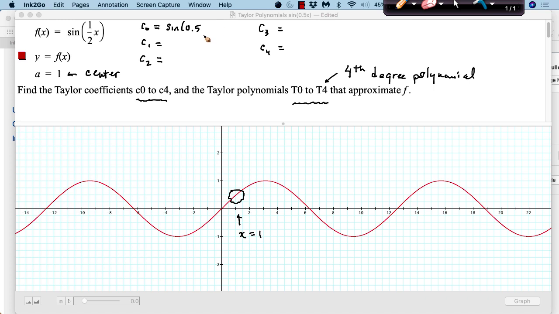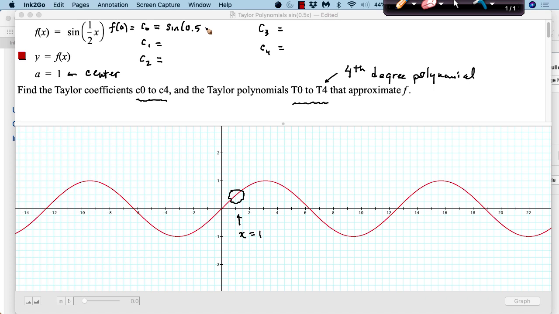So sine 1/2 x. But we didn't say it was equal to the full function, but the function evaluated at a, right? So it'd be sine of 1/2. That makes a lot of sense. So C naught was just in general f of a, right? F of a. Is that right? So C naught is sine of 1/2.